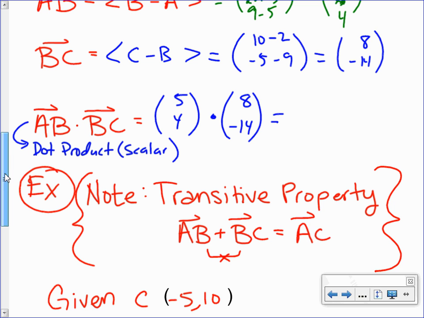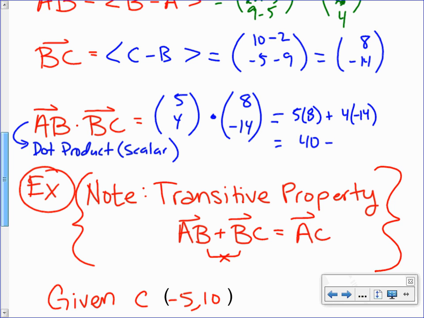Okay. Here's how the dot product works. It's x times x plus y times y. That's it. It's going to be a plus. So 5 times 8 plus 4 times negative 14, which is 40 minus 56.